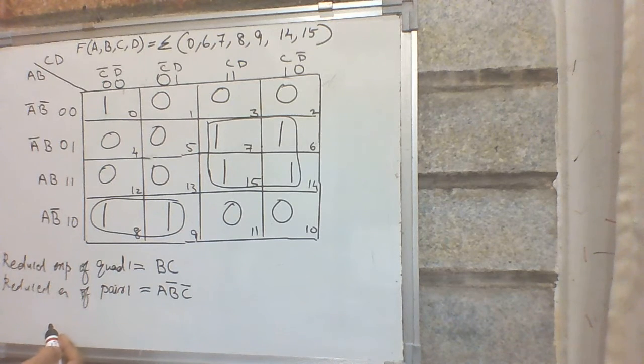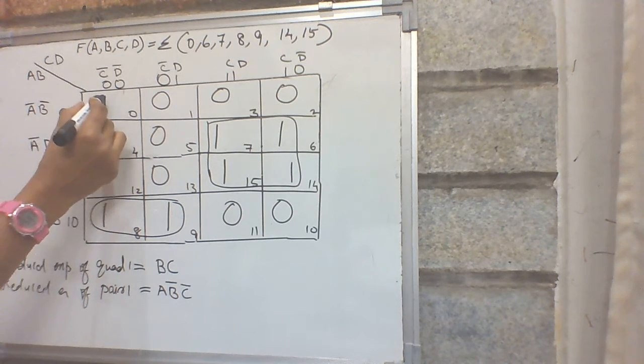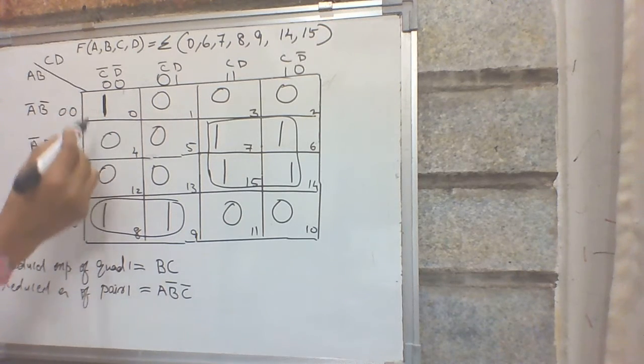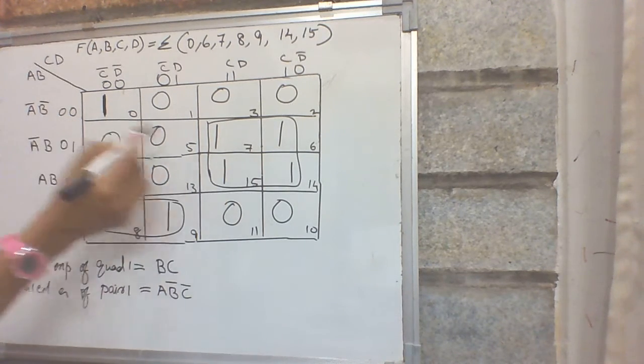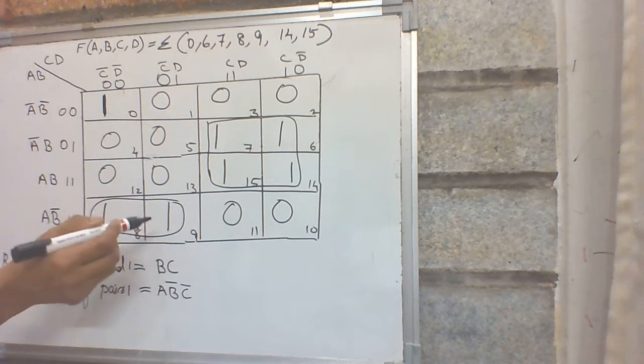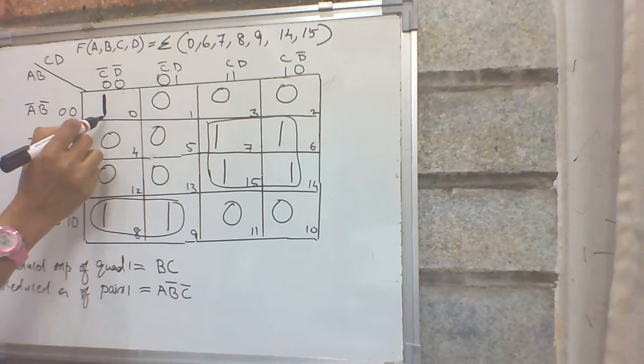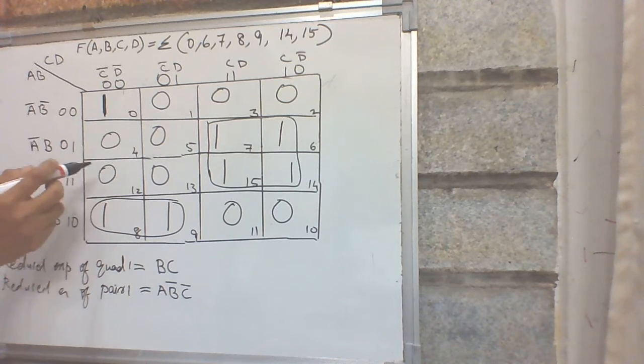Then check, is there any other pair? See here, this 1 is not included in any group. This one is not included in the quad and not included in the pair either. So we need to encircle this one. Then check, is there any pair?